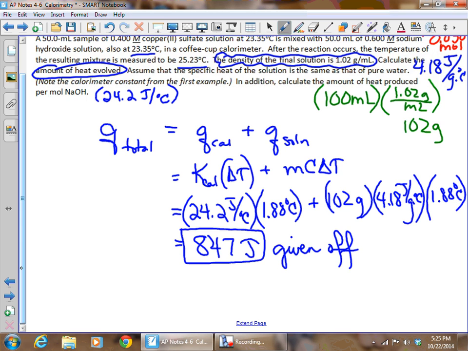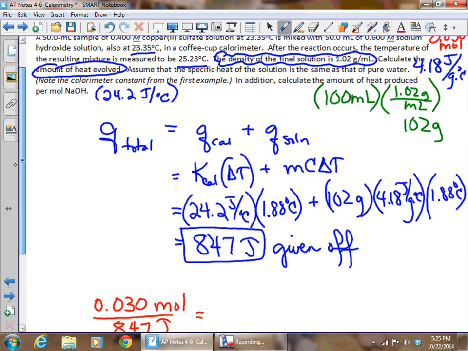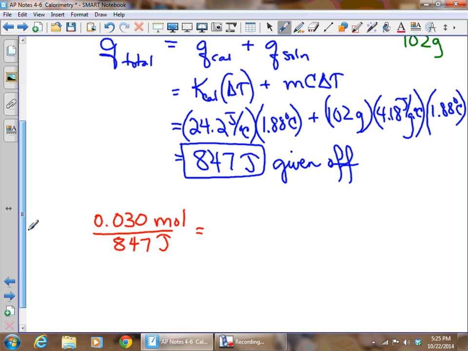We just established that with that 0.030 moles, we produced 847 joules. So the question is, if we want that molar heat for 1 mole of NaOH, then how many, I almost put the X on top. If we've got 1 mole of our substance, how many joules do we have?